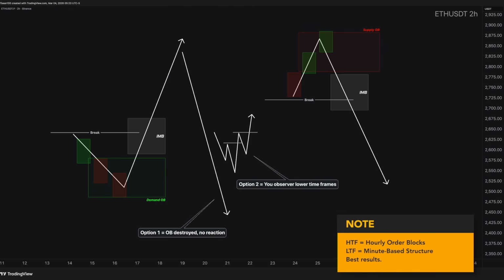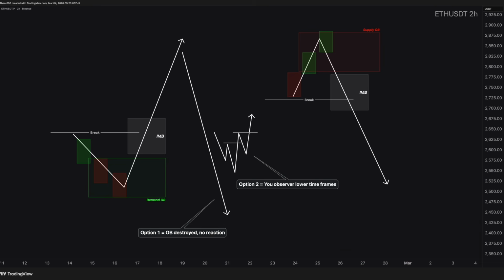Basically, when you identify hourly order blocks like 1, 2, 3 hour order blocks, you also need to check the minute-based inner structure before making any decisions. If the inner structure trend actually shifts inside your demand area or supply area around that order block zone, that is when things start to look more interesting.